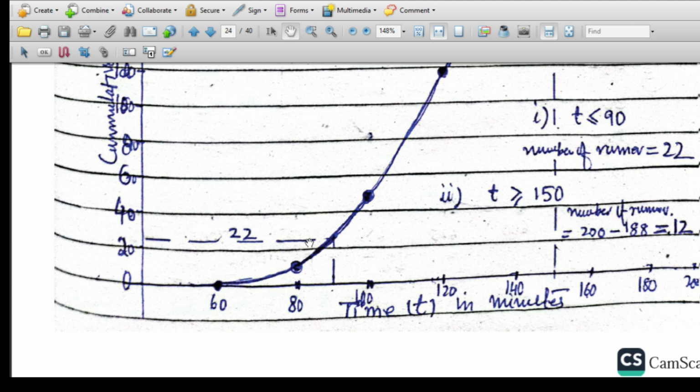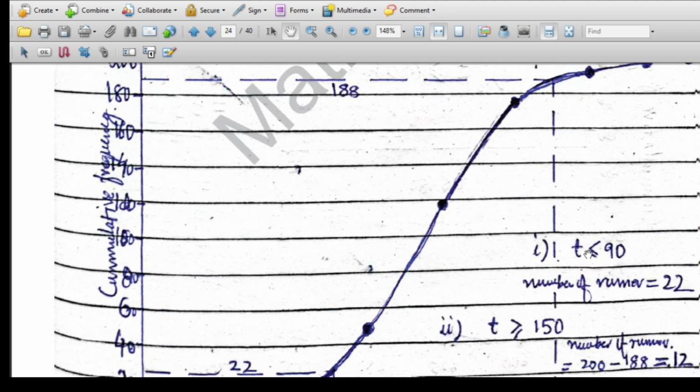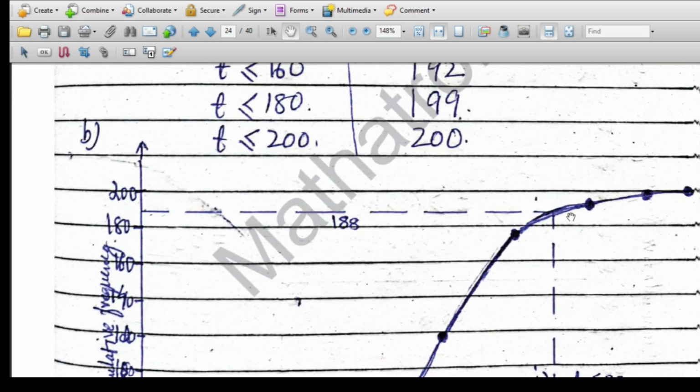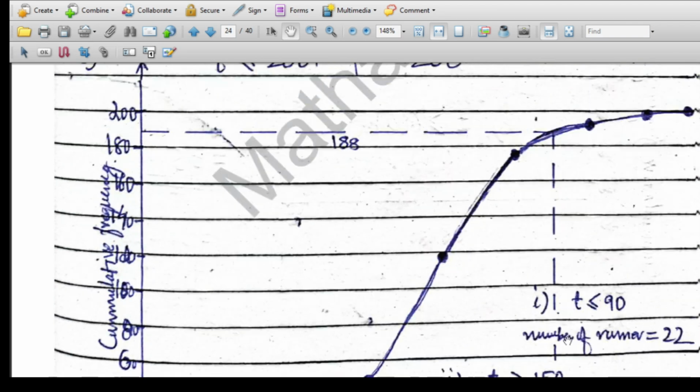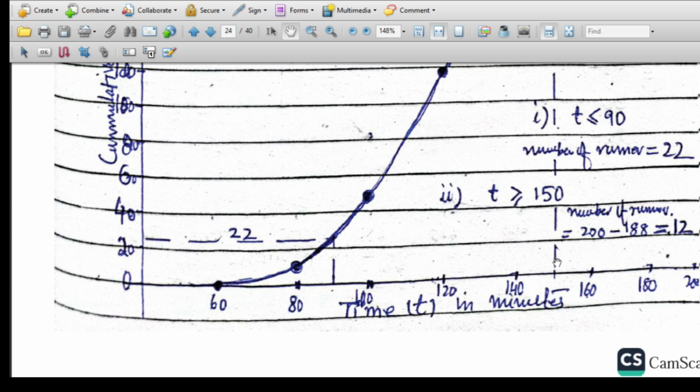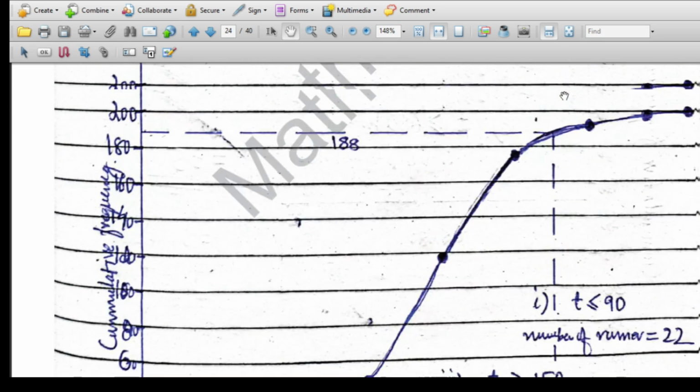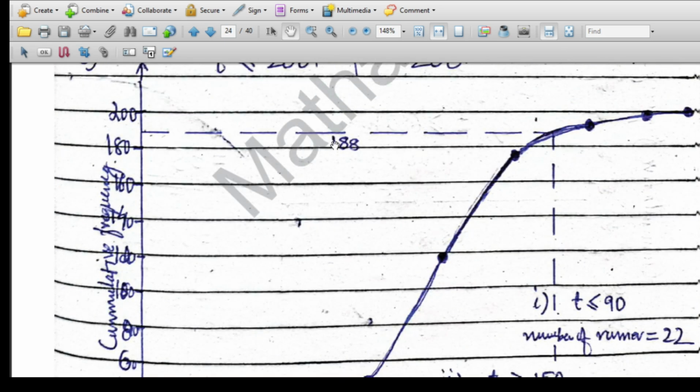And for more than 150 minutes, at 150 minutes we draw this here, and from the graph this value is 188.